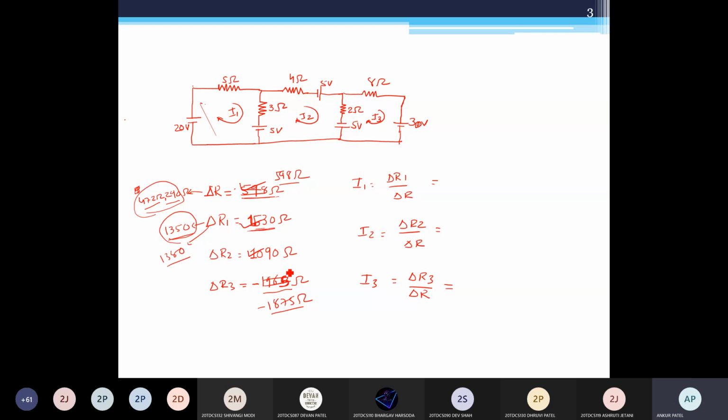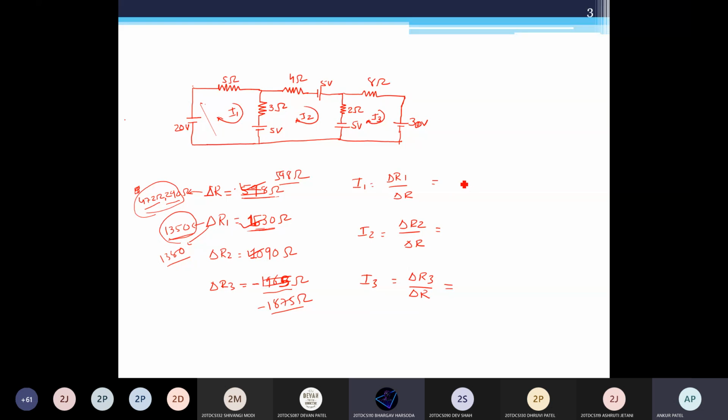Now, by getting this determinant for resistance correct, you will get the correct answer. If you get the wrong answer for the determinant of resistance, then you will get the wrong answer for current. So you have to get this correct, then you will get the correct answer for mesh currents.